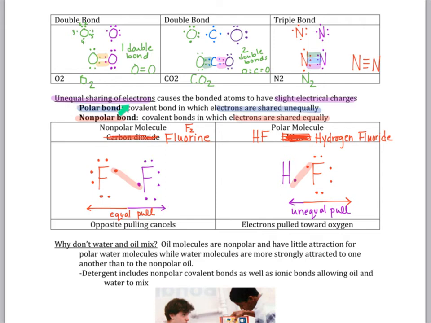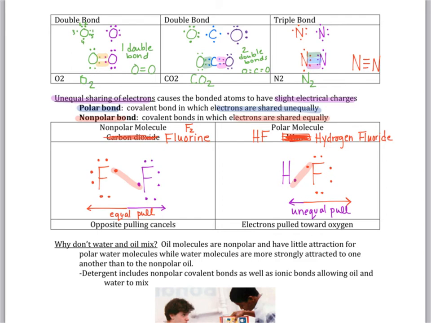A polar bond is one in which the covalent bond is an unequal one, in which electrons are shared unequally. A nonpolar bond is one in which covalent bonds between the atoms are shared equally. The electrons are not pulled more dramatically to one atom than to the other.